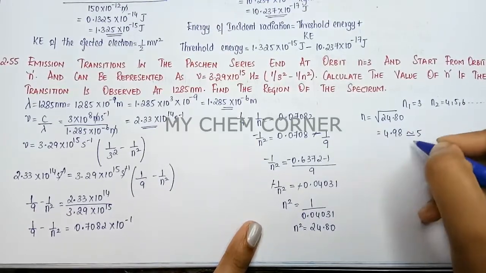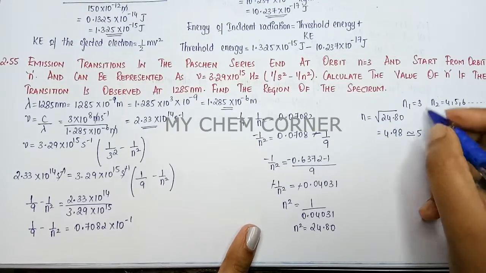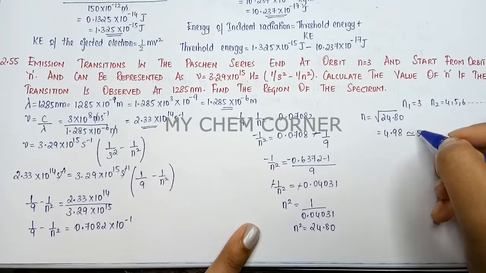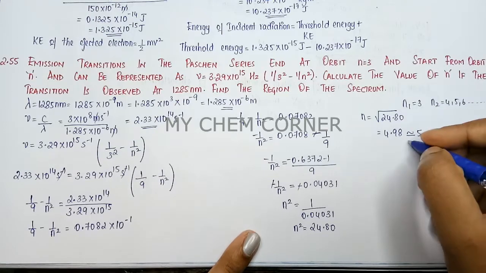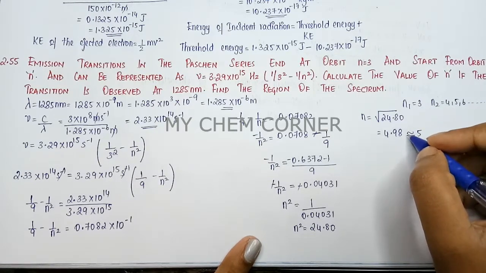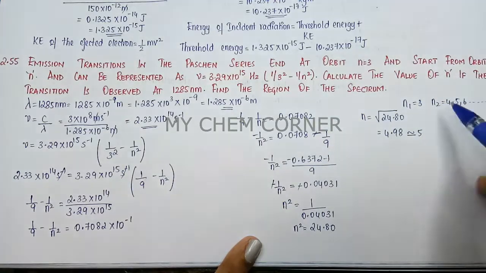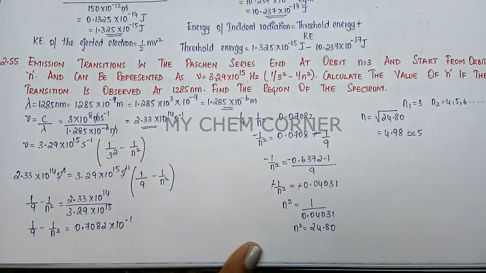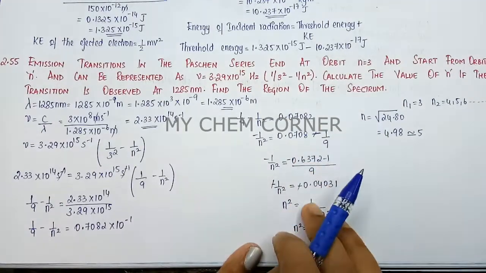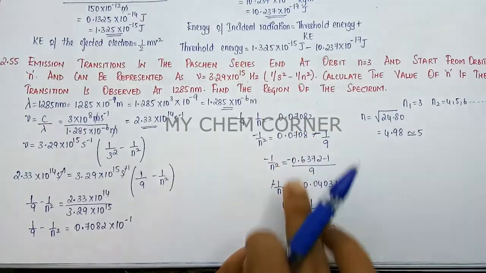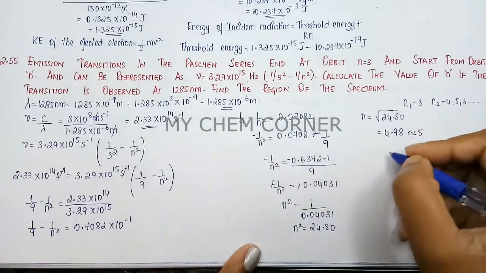So when n is equal to 5, it is the transition from 3 to 5, and this will be observed in the IR region. They only asked to find what is the region, so you can say this is going to be the IR region. You will find that out when you put down the hydrogen spectrum and see what is the starting and what is the end one. In that case, you can see the region also.